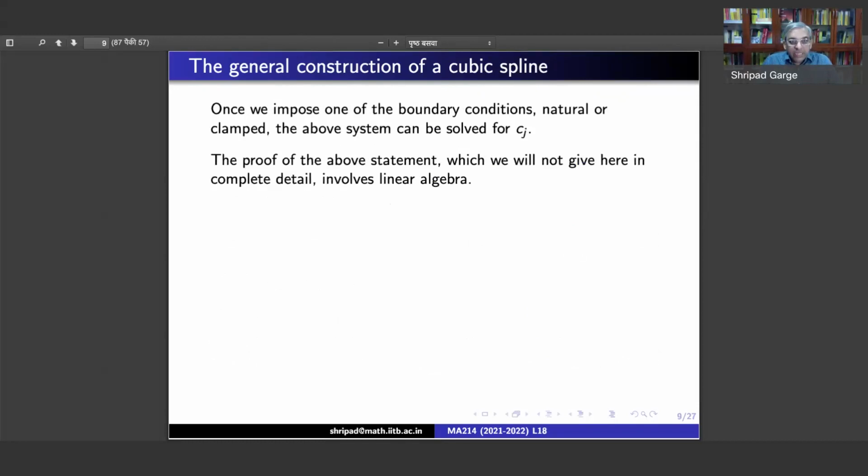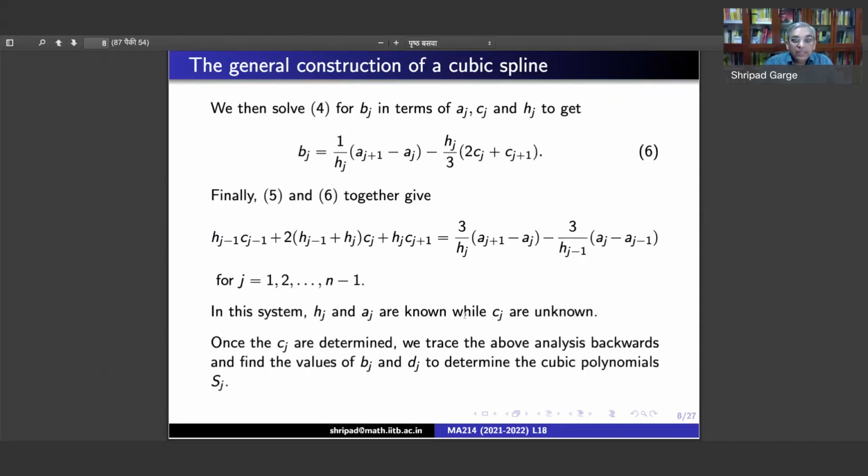I will once again bring your attention to the fact that on the left hand side, where we are computing CJs, each equation will involve Cj minus 1, Cj and Cj plus 1. So when you start from j equal to 0, you will of course not have C minus 1, because that C minus 1 doesn't exist.